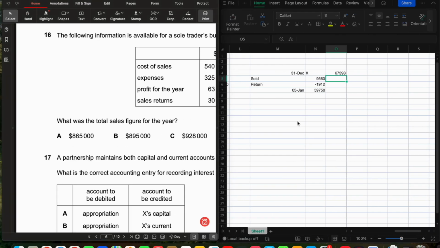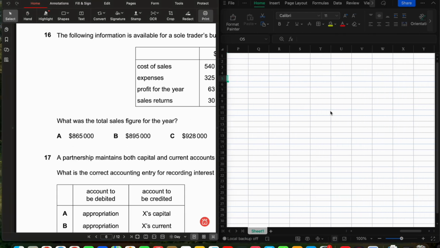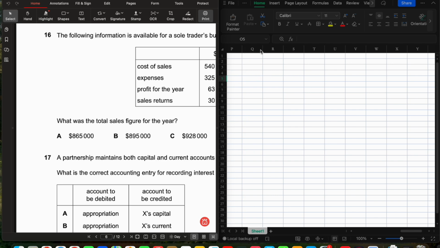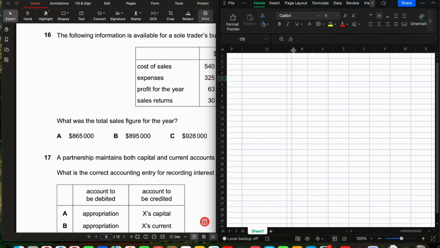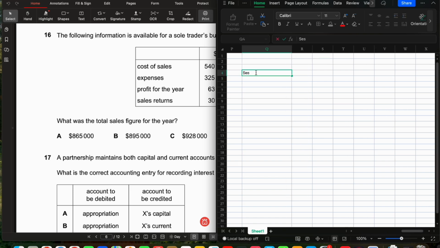Let me just put it in the format so that it's easy for you to understand what is happening in this question. So normally we write sales, and we don't know that amount yet. Okay, and then from this we subtract return, and this return amount is 30,000.